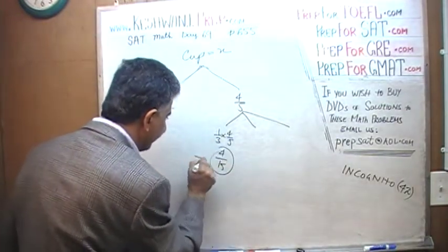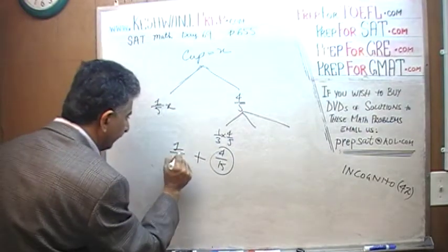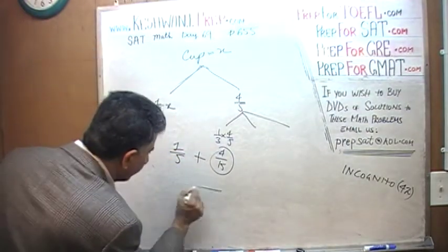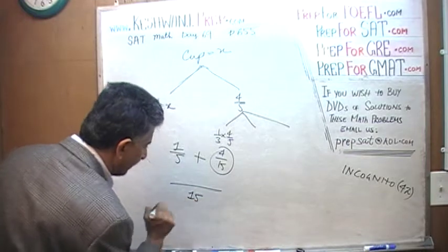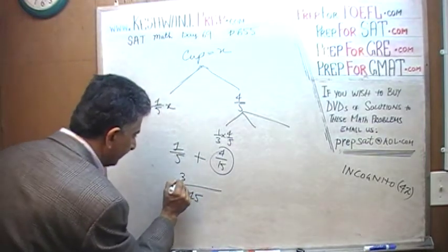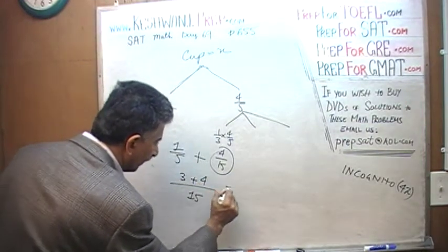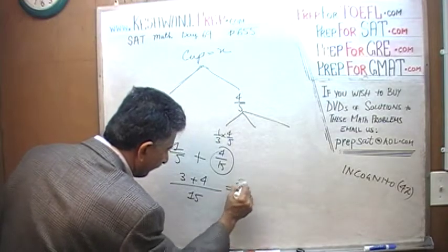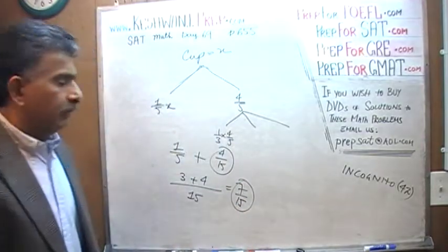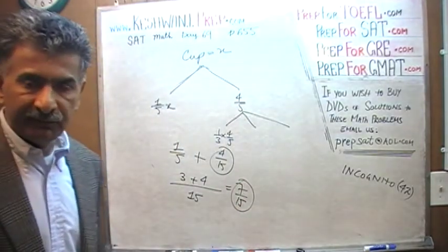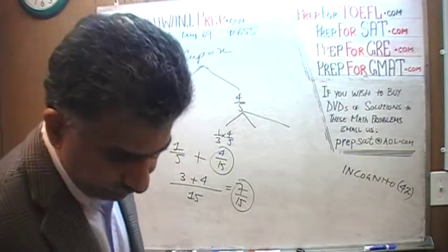So we have 4/15 plus 1/5 to begin with. The common denominator is 15, which means this 1 becomes 3, and this is 4. Voila, 7/15. So this is the classical way, if this is something that clicks in your mind.